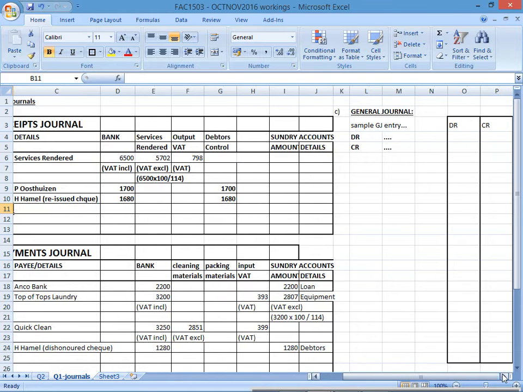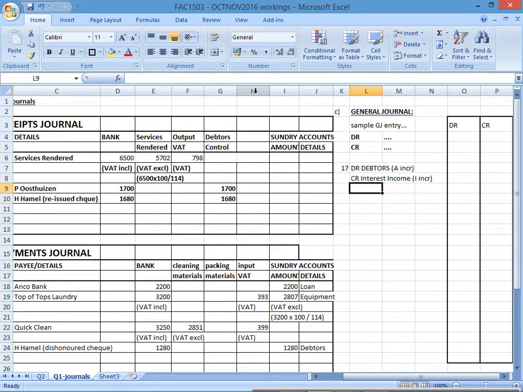Okay, so this needs to go to number C. Debit the debtors. This was day 17. Debtors is what type of account? An asset. And it's increasing. Credit the interest income. Income increasing.